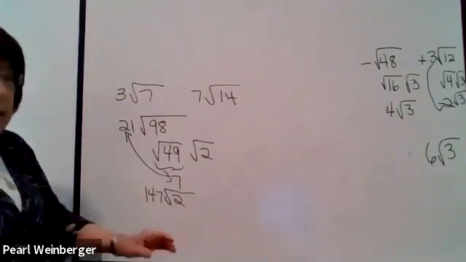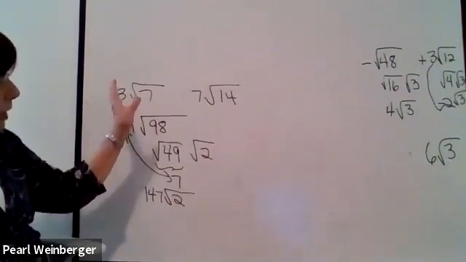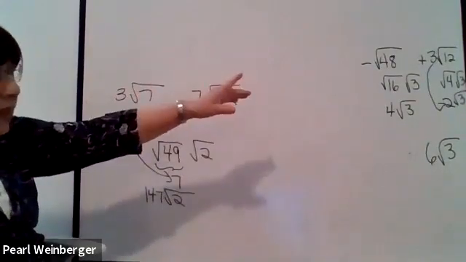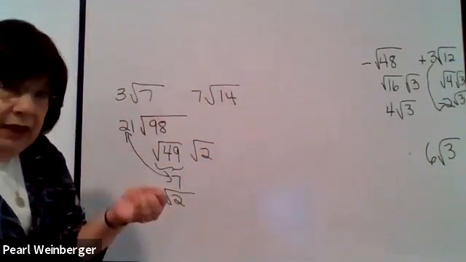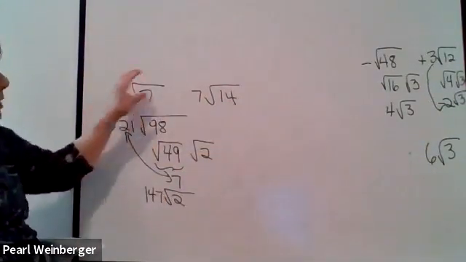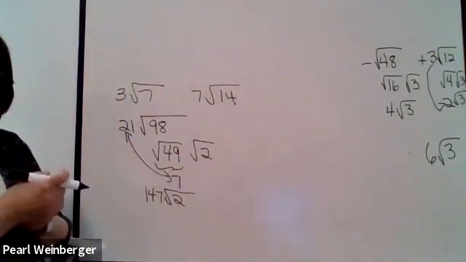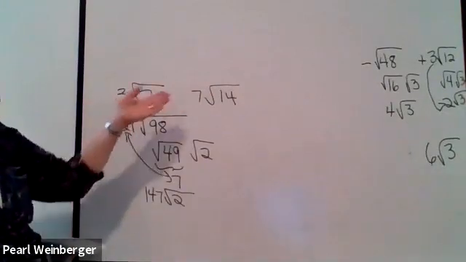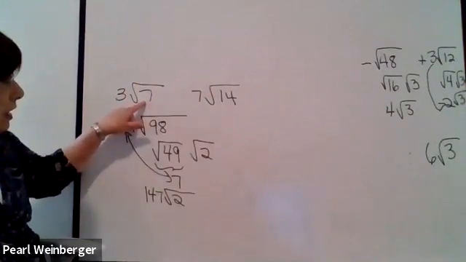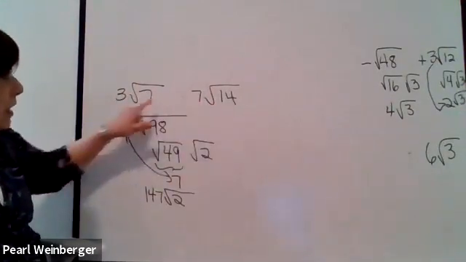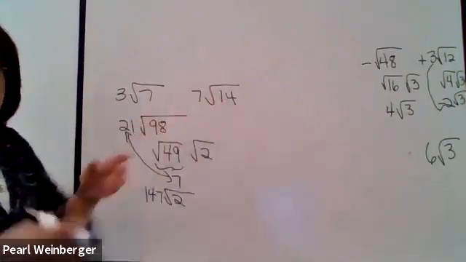So again, we don't have to do the simplification with the adding and subtracting. We simplify first before we can add or subtract. With a multiplication, we can do the multiplication first and then simplify. Sometimes you can try simplifying first. If you notice, I couldn't have done anything with the 7 and the 14. 7 is only 7 times 1 and 14 is only 7 times 2.